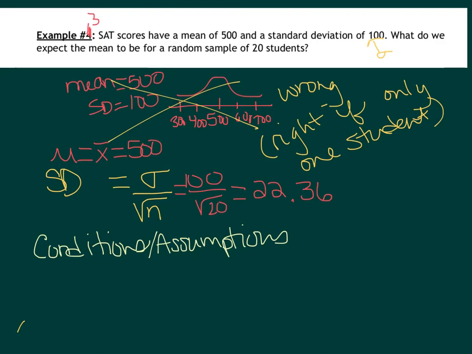In fact, you can get by with 2 of them, but I'm going to ask you to do 3. So the first thing is our randomization condition, and you're lucky because the problem even says that this is a random sample, so you can just write that out. This is a random sample.